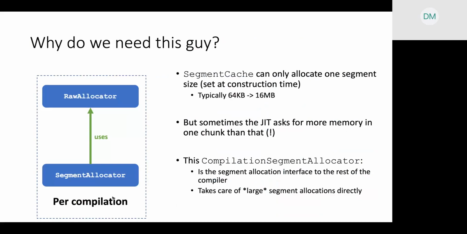In this model, if your segment cache is allocating, say, 64 kilobyte segments, and somebody comes along and asks for 256 K of memory, you won't be able to fulfill that with a segment in the segment cache. And so you need a way to allocate, and that's what this segment allocator is there for, really. It's only allocating large segments. In the current scheme, if you allocate a large segment, you just hand that back. You don't try to carve it up and reuse it in the free list. If we were ever to change that, we could make this work differently. But for now, that's how this is going to work.